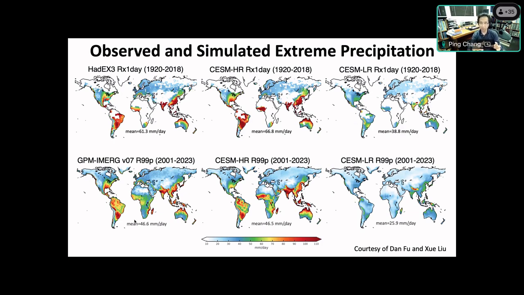So if you cannot represent this kind of multi-scale interaction correctly, then you fundamentally are not capturing the physical process driving the extreme precipitation. So what we think is that the high-resolution model is doing better because it is capable of capturing this multi-scale interaction process in the atmosphere.